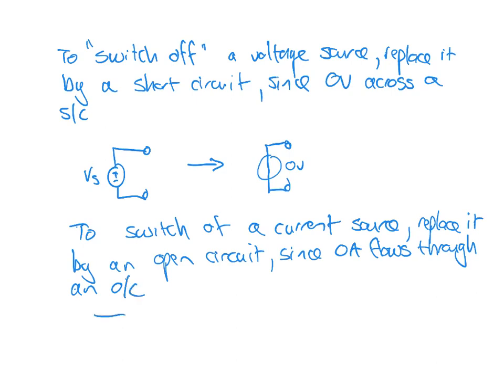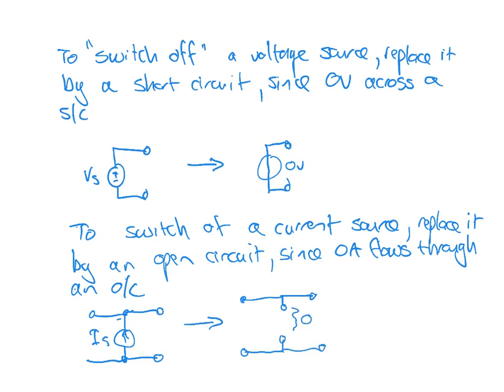So if we have a current source, IS, in a circuit, then we replace that by an open circuit. And we know that there's 0 amps flowing there.